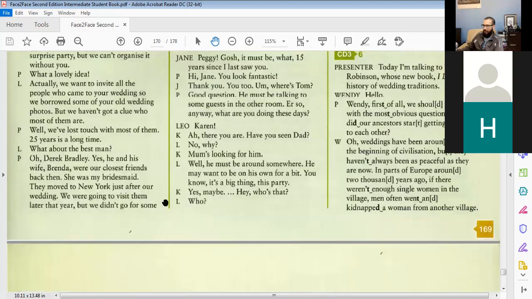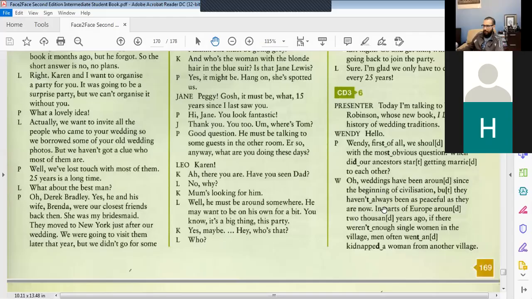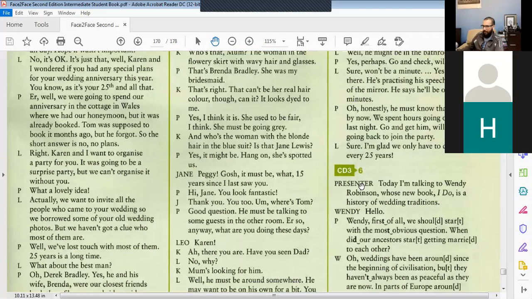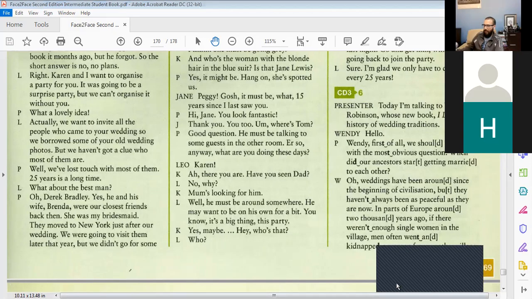Where is it? Is it track 6? Yes. CD3 track 6. Here, exactly here. Okay, so we start here. Okay, presenter. Today I'm talking to blah blah blah. Let's listen one more time. Track 6.